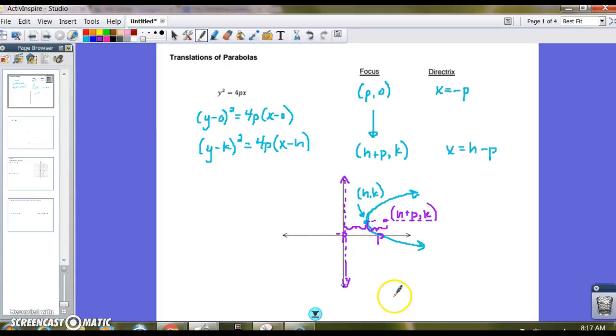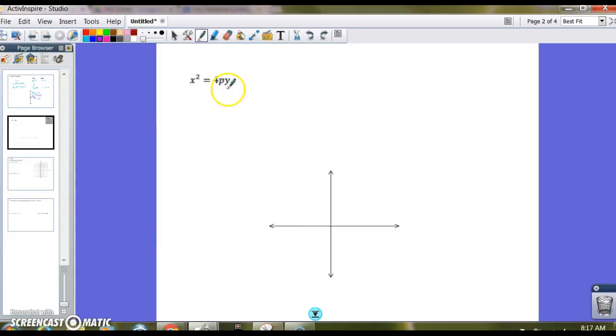Okay, so that's what the graph would look like. That's just when you shift it, that's what happens to your coordinates. And if you notice on your note sheet, I just have the two different types of parabolas, and then I have two graphs on the bottom. So if you wanted to just put this on one of the graphs on the bottom of your sheet. Okay, then we'll look at the other kind.